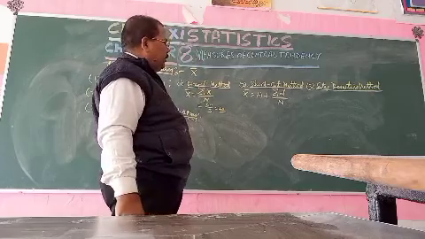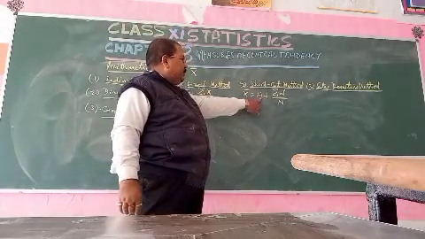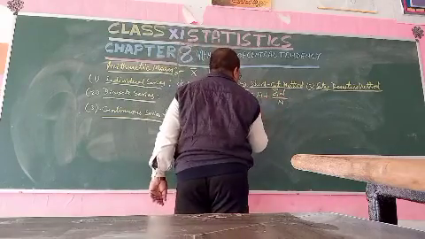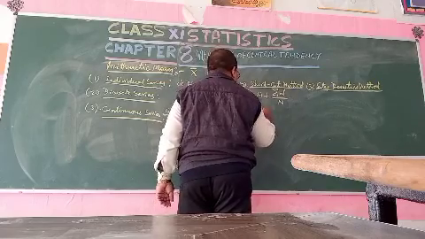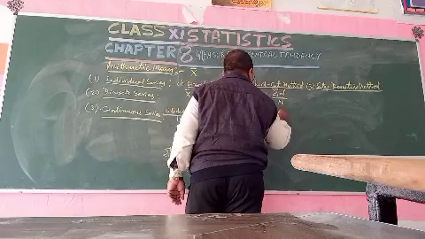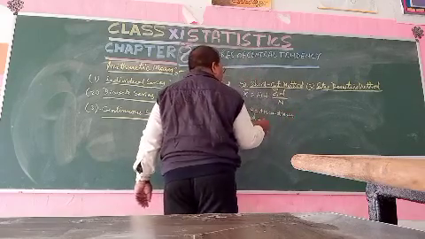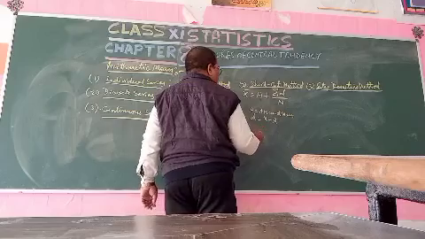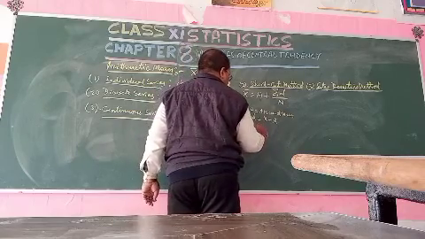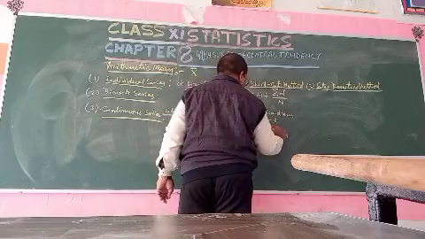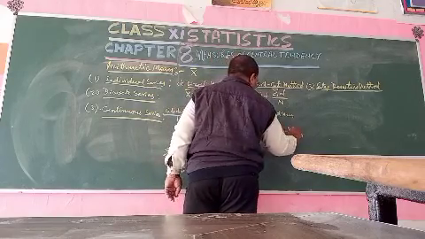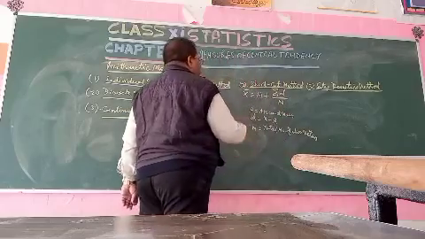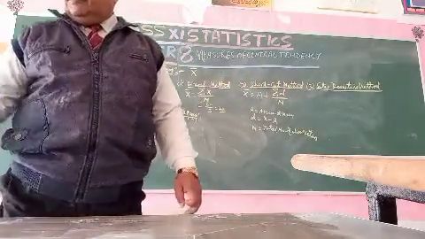Here a stands for assumed mean, sigma d is the summation of d, d is equal to x minus a, and n is the total number of observations.